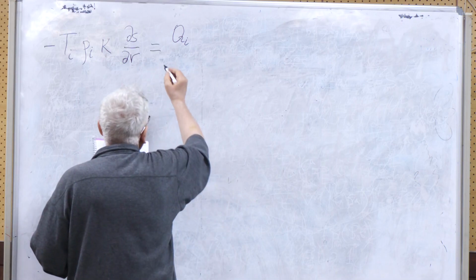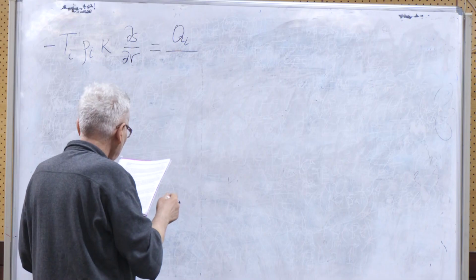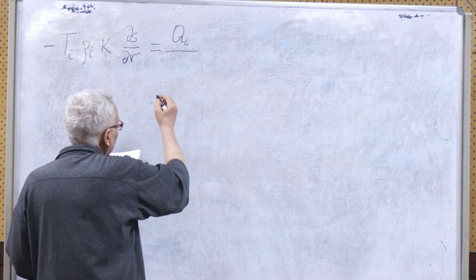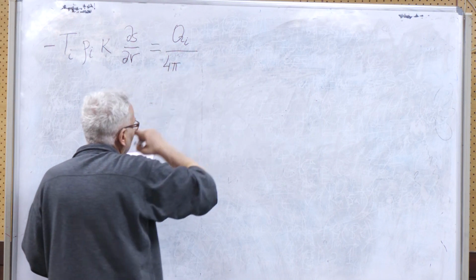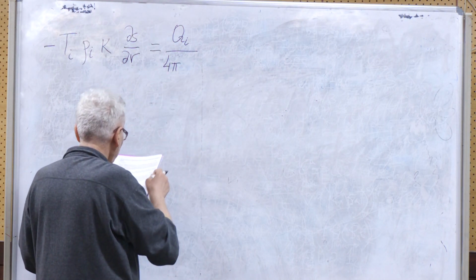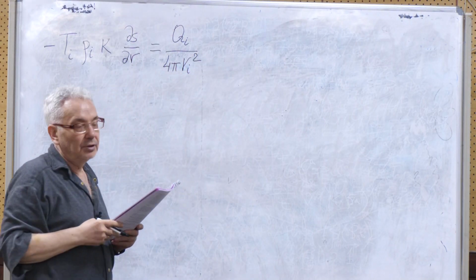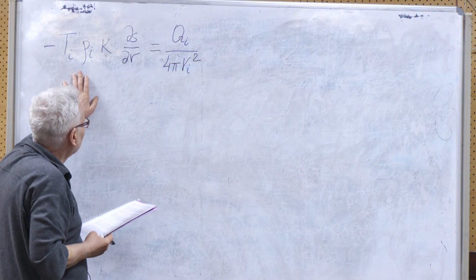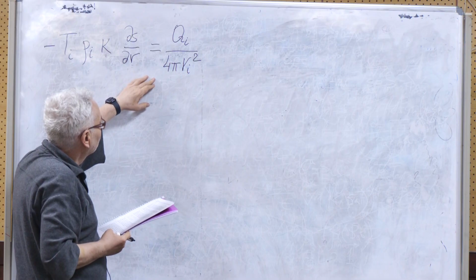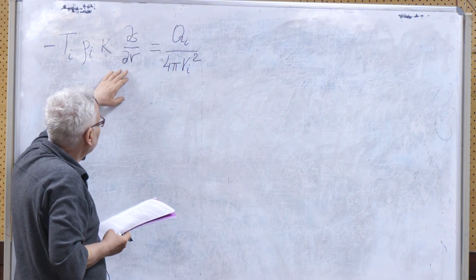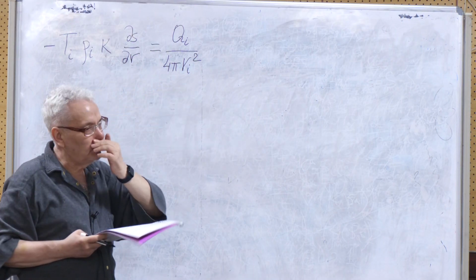In this form it could be divided by the area of all the sphere. Obviously, this area is 4π Ri squared. You see that this relation doesn't straightforwardly involve the heat flux and corresponding entropy flux, but it's in some sort of related units.